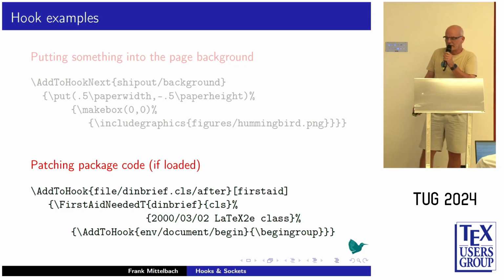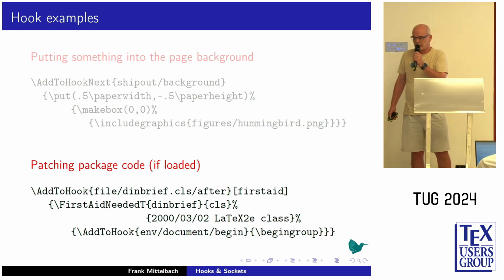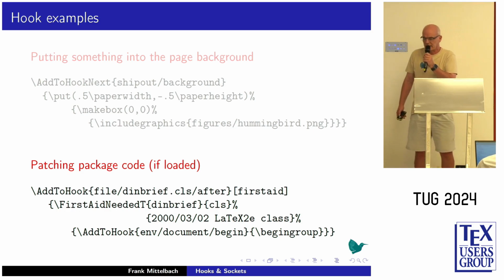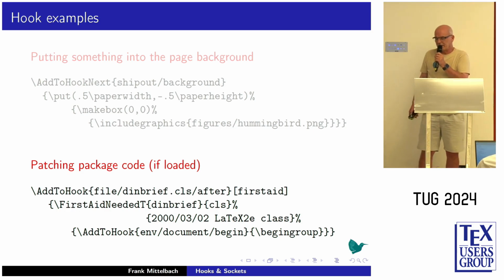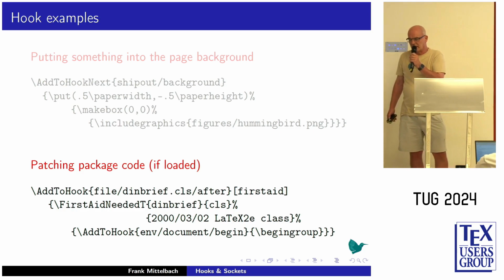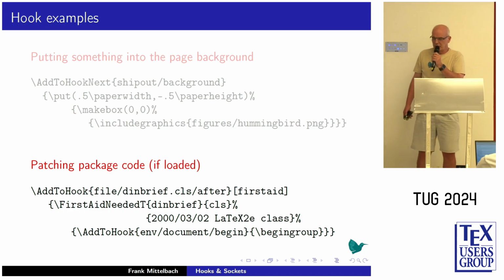So if it is still the class from 2000, we patch, otherwise we don't. So this is a private command that we have in the LaTeX, basically. And then comes the actual patching, which is we add to the hook called environment env/document begin. So at the beginning of the document environment, we add another begin group because that one is missing.